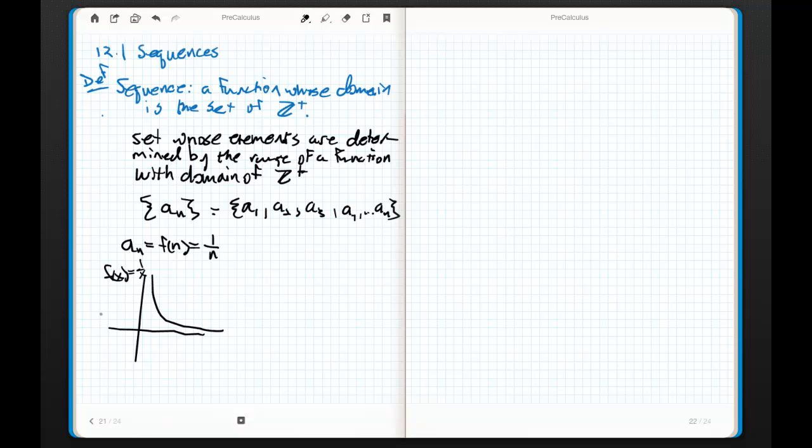This is going to be badly drawn, but you wouldn't expect less from me. Let's call this 1, this 2, this 3, this 4, etc. Then this point is (1, 1), this point is (2, 1/2), this is (3, 1/3), this is (4, 1/4), etc.